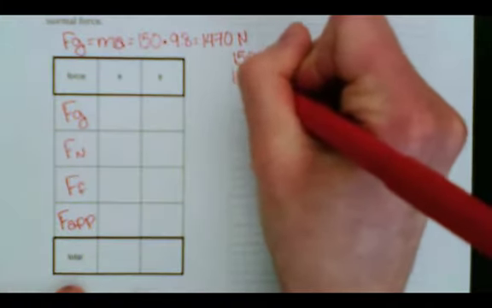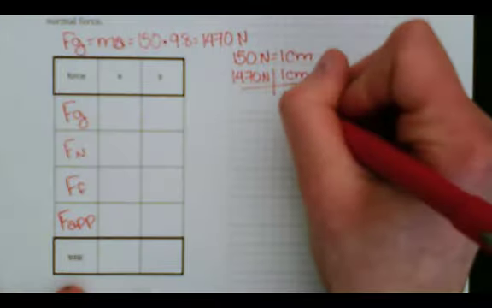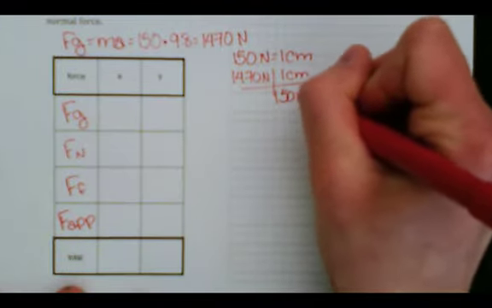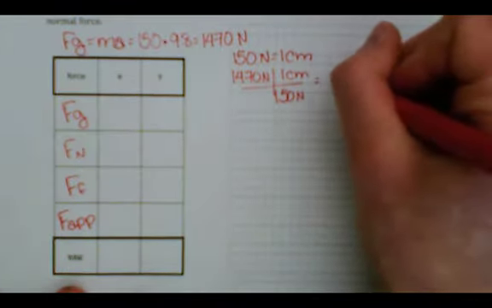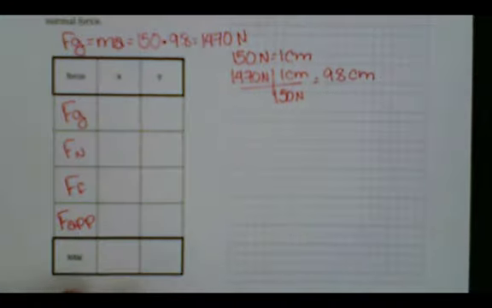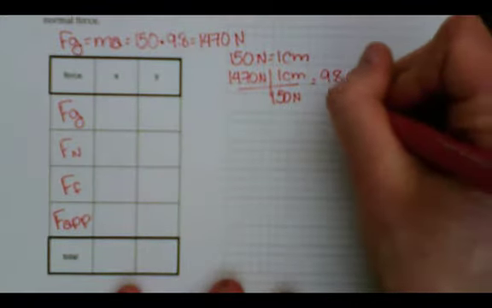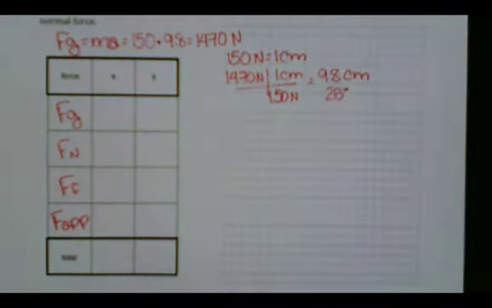Using this conversion, we'll multiply 1,470 newtons times 1 centimeter over 150 newtons, and we'll obtain a length for our gravitational vector of 9.8 centimeters. The gravitational force acts at a 25-degree angle.